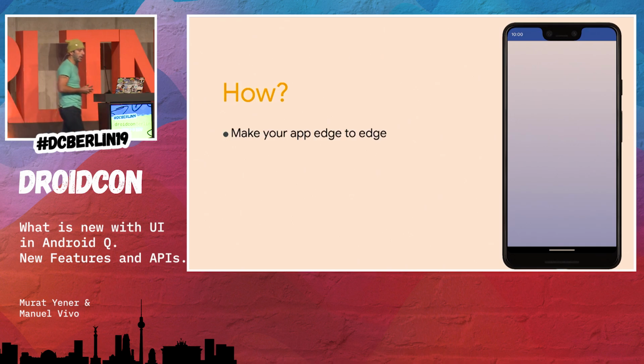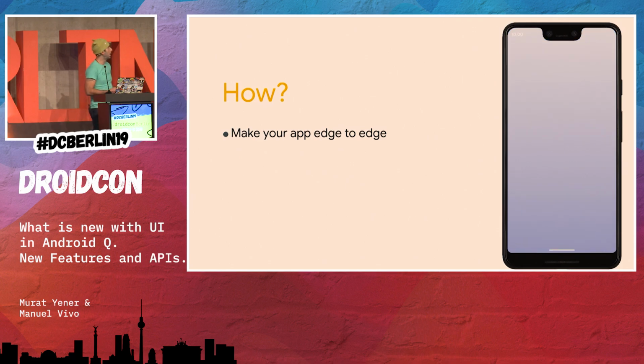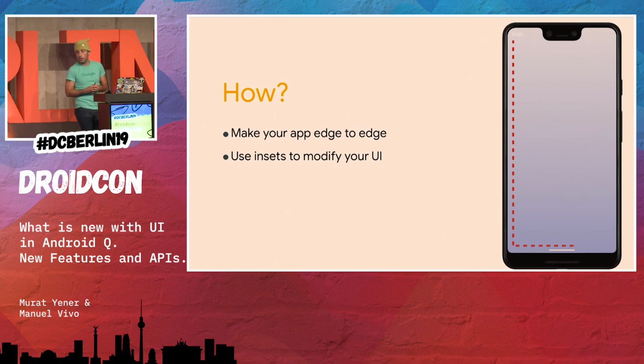First, what's edge to edge? To start with, we want to make our app edge to edge by painting below the system bar and the navigation bar. And next, if you still have controls which reside in the gesture zones, we want to move them away by checking insets, because the best way to handle conflicts is not creating one.